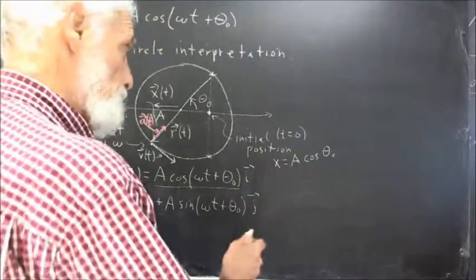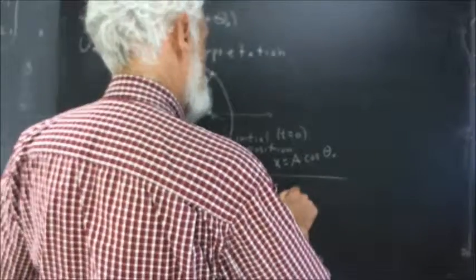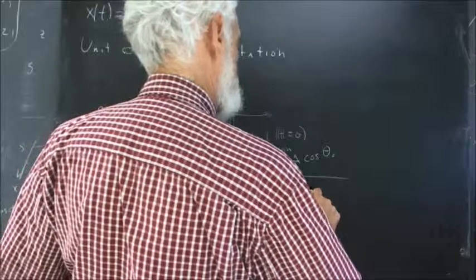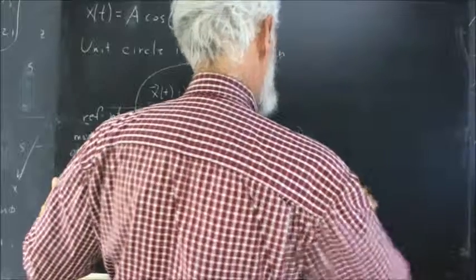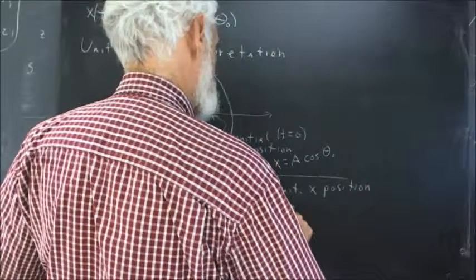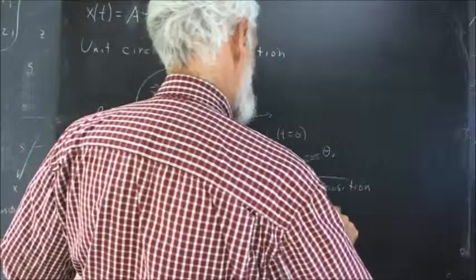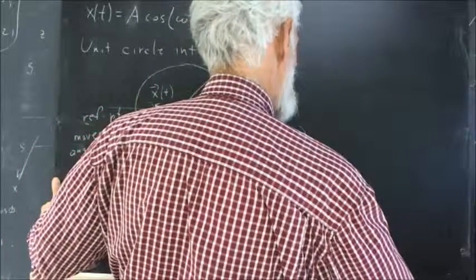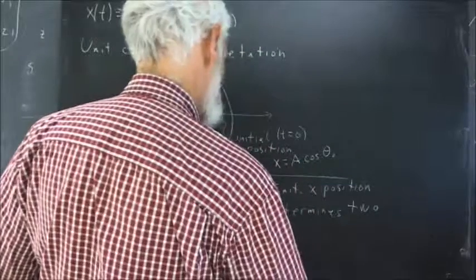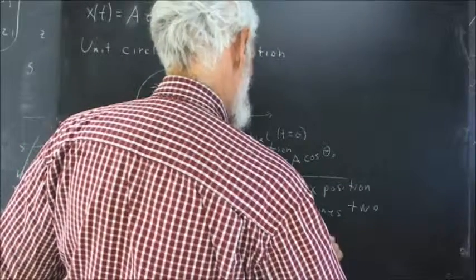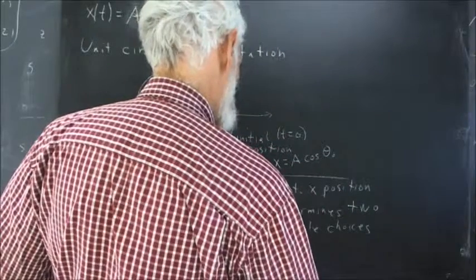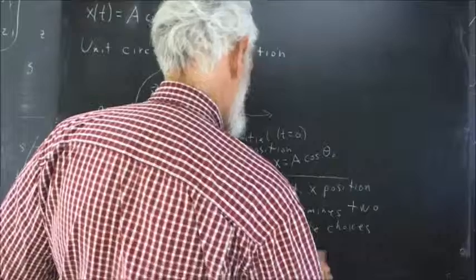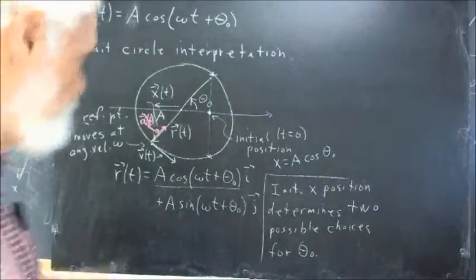So now let's write that down. Initial x position determines two possible choices for theta naught. Okay.